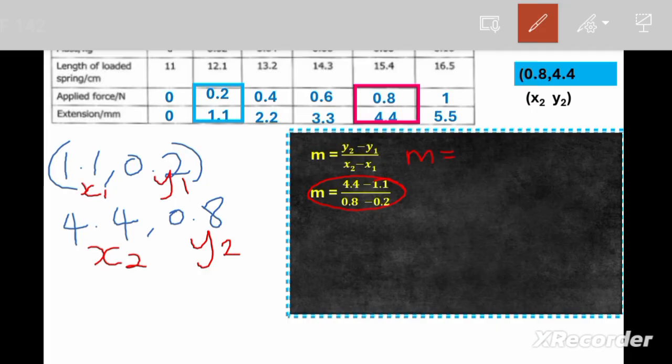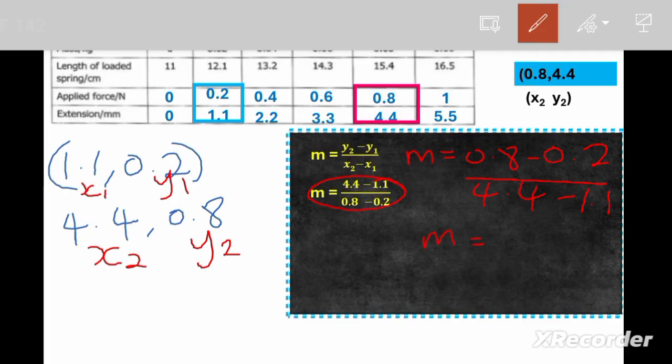So we are going to say gradient is equal to y2, we have 0.8, minus y1, we have 0.2, divided by x2, we have 4.4, minus x1, we have 1.1.